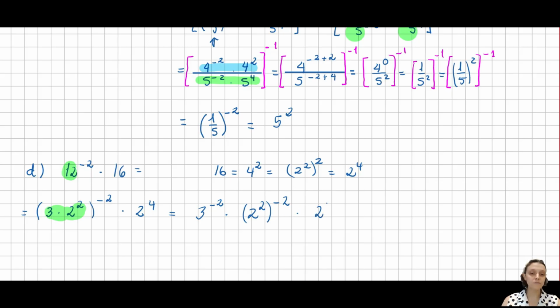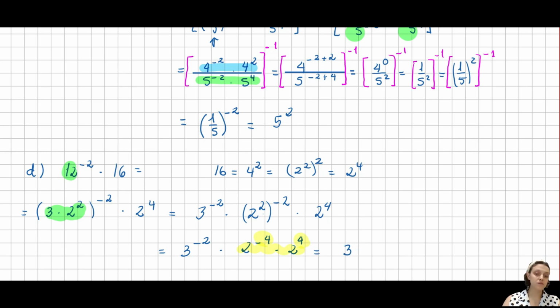Then we have 2 to the power of 4. Then we have 3 to the power of -2. Then we have 2 to the power of 2 times 2 is -4. And here we have 2 to the power of 4. So as you can see, guys, right here, this -4 plus this 4 becomes 0 for the exponent, which means that we get a 1.